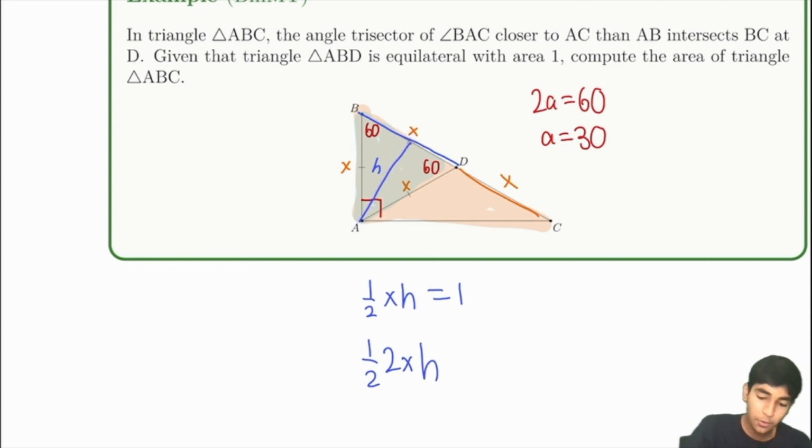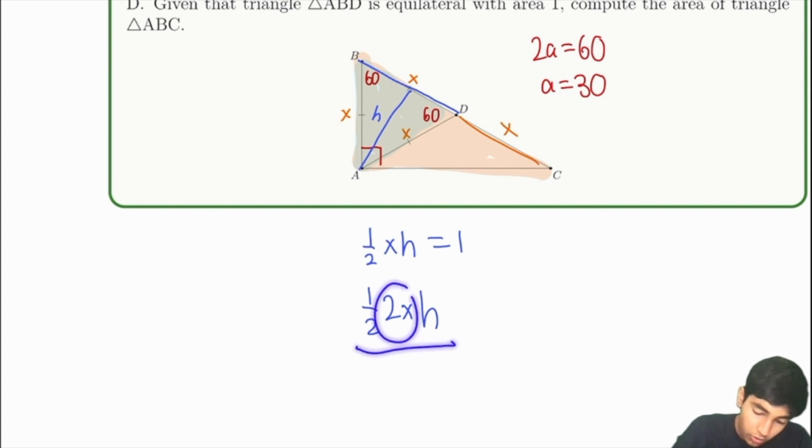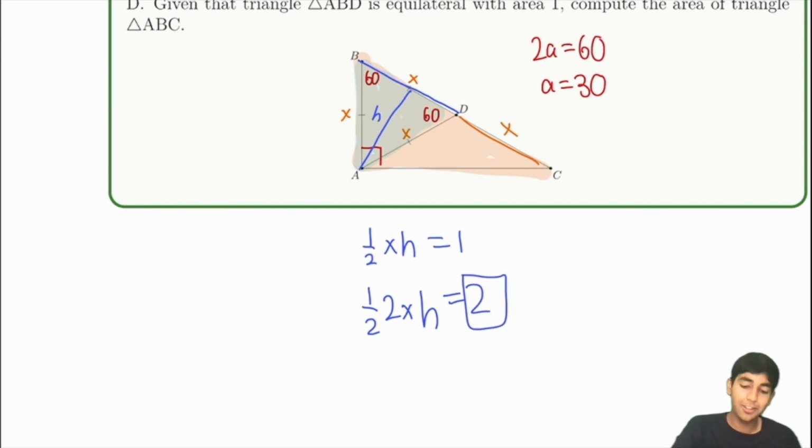So the key idea here was the height of those two triangles is common. So then the ratio of their areas is just the ratio of their bases. So we have half xh is 1, so half of 2xh is just going to be double this quantity, right? Because 2x instead of x. That's 2. So our answer is just 2.